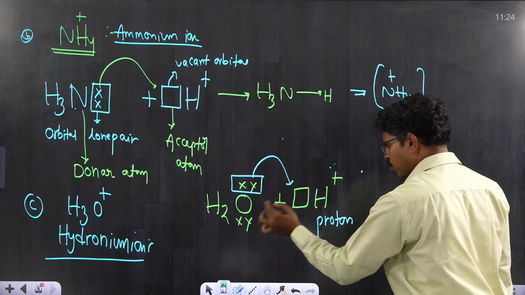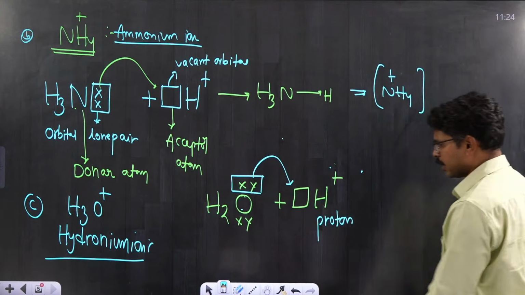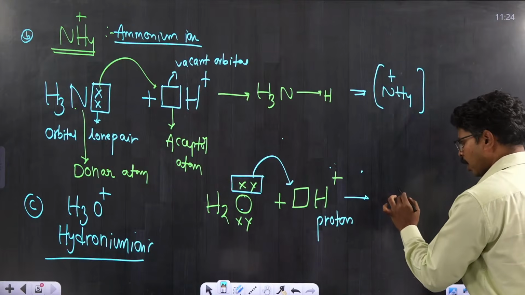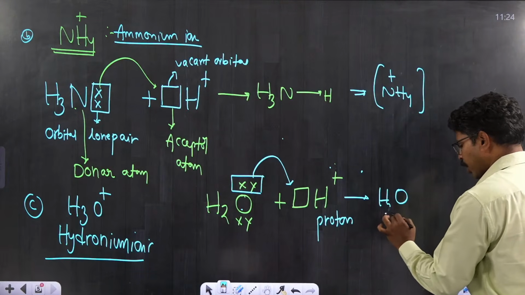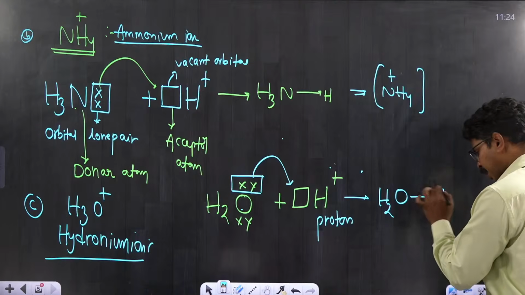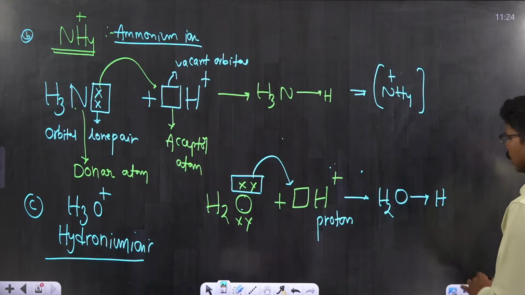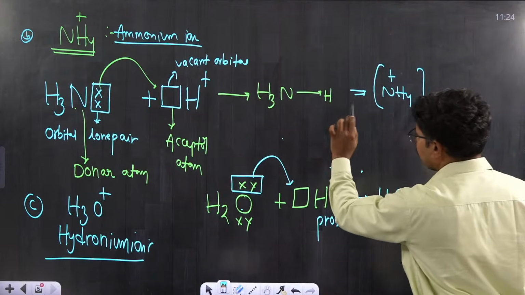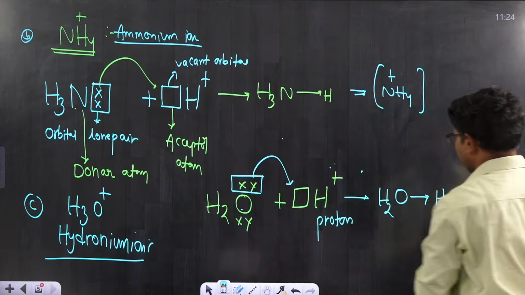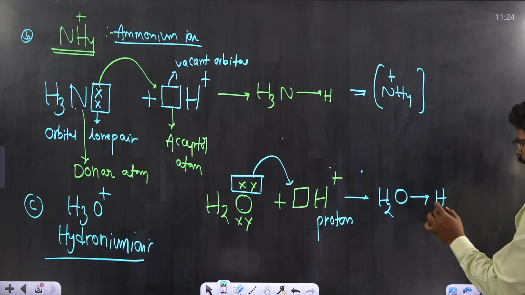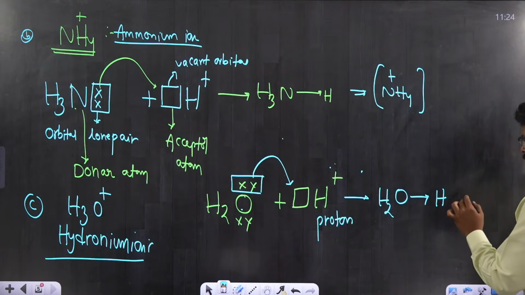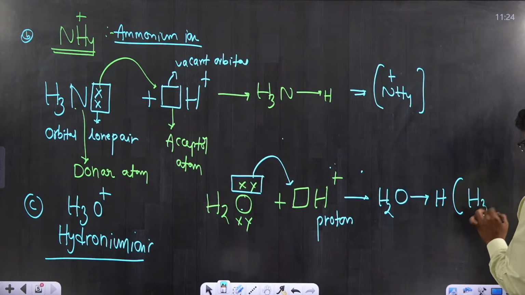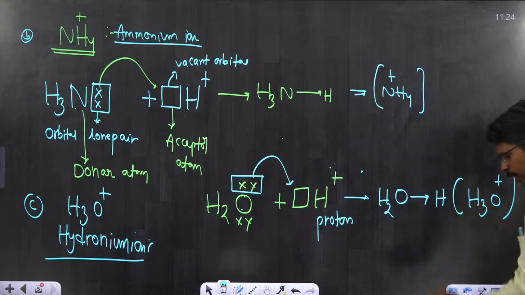Now, if I use the lone pair of oxygen for a dative bond, the formation of the dative bond can be written in this way. I can also represent the dative bond in this way. If I want to write the charge, I can represent the overall species charge in this way.